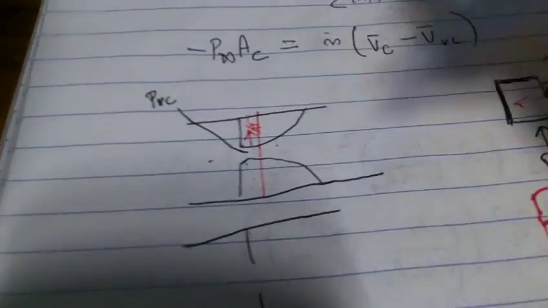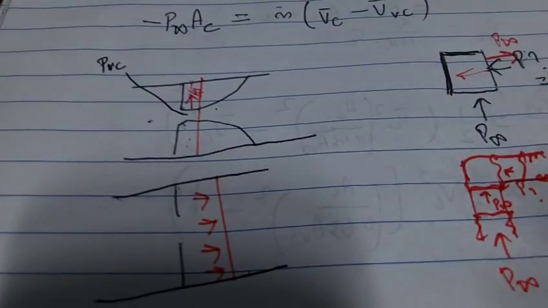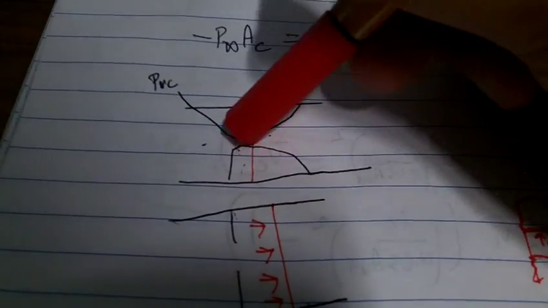Now once you do that, you can safely say that P infinity is acting on this entire control volume in this manner. Because over here there's P infinity acting into this control volume, and this control volume is pushing against this area with a pressure P infinity as well.